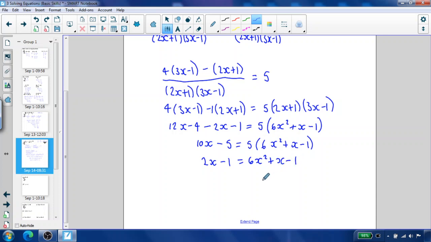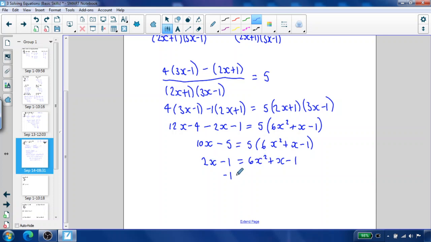Now I'm just going to rearrange, so you can move these over here or these over here. I'm going to move these over here because I want a positive x squared to work with. So you almost think of it as sort of 0 is equal to that. So I'll just write it like that for the time being. So let's move the 2x over.